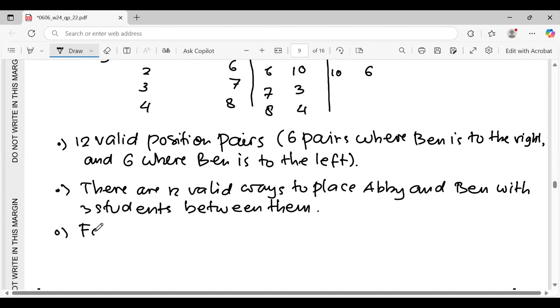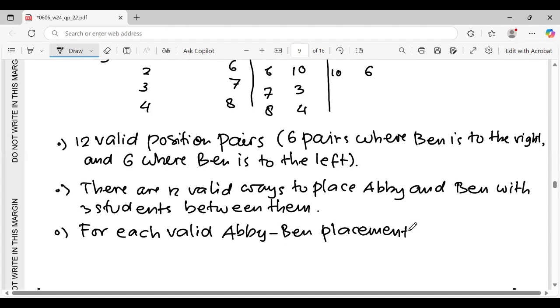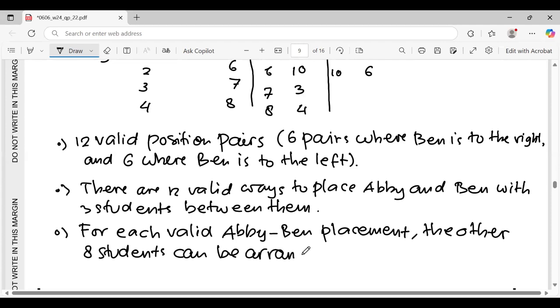For each valid Abby and Ben placement, the other 8 students can be arranged in 8 factorial, and 8 factorial is 40,320 ways.